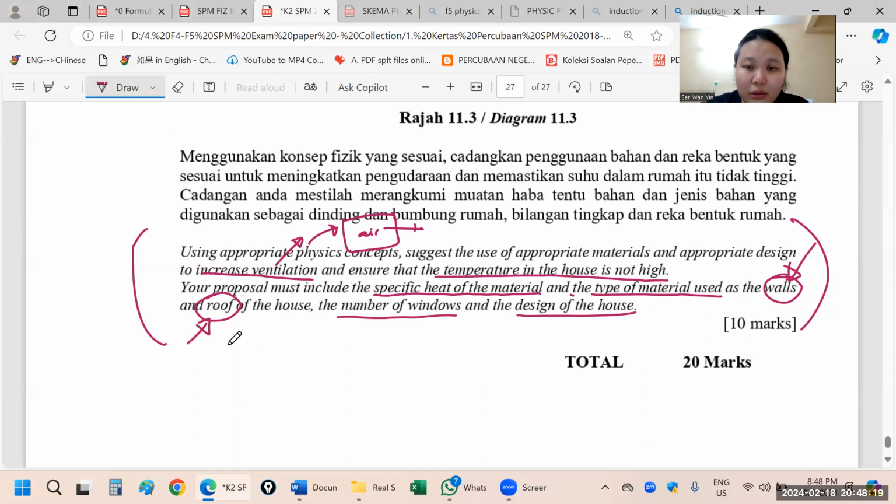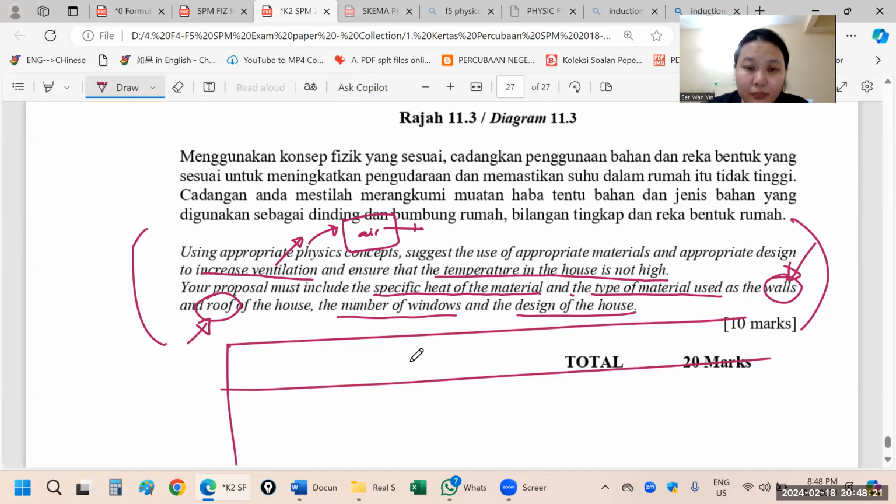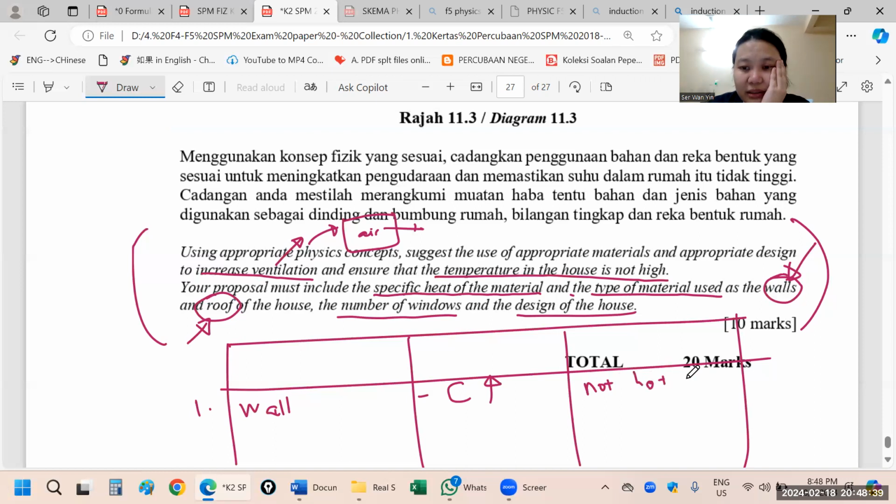So when you draw your table, draw it this way. Number one, wall. The specific heat capacity of the material must be high, so that it does not get hot easily, not hot fast.